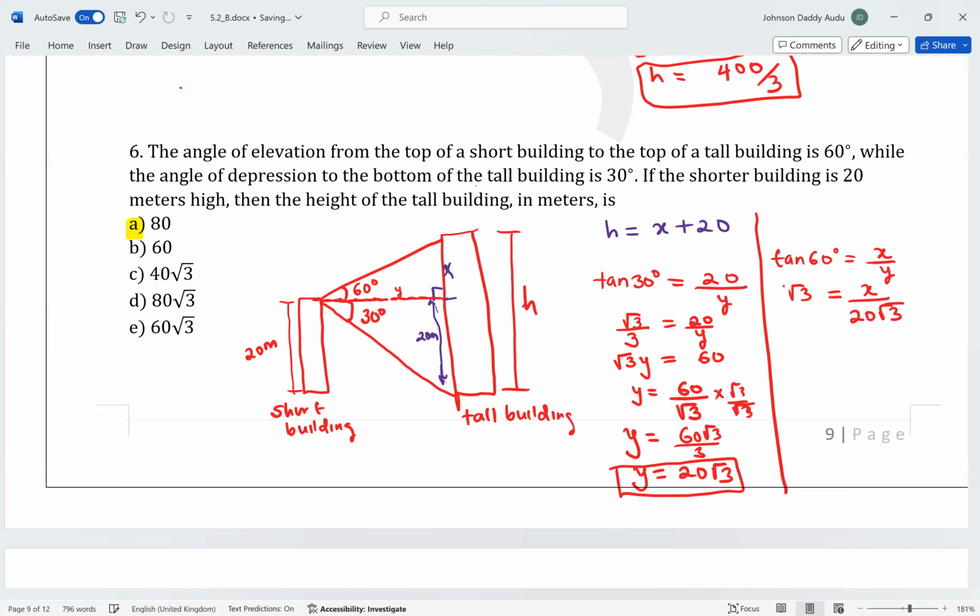So x is going to be 20 root 3 times another root 3, so x is 20 times 3, which is 60. But what is H, if you remember? H is x plus 20, which means H is 60 plus 20, so this is 80. Okay.